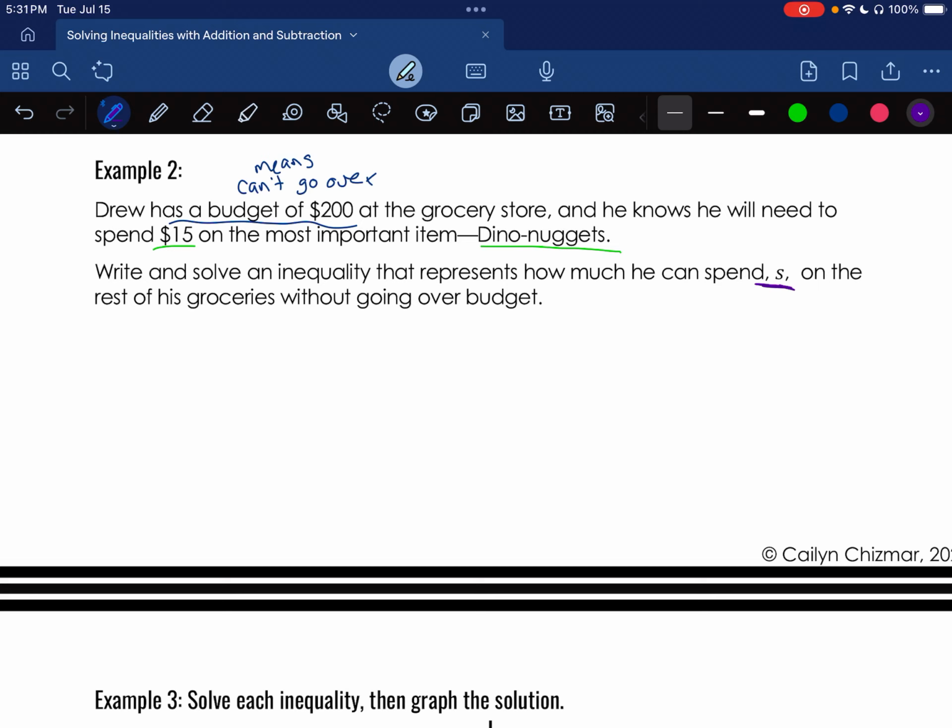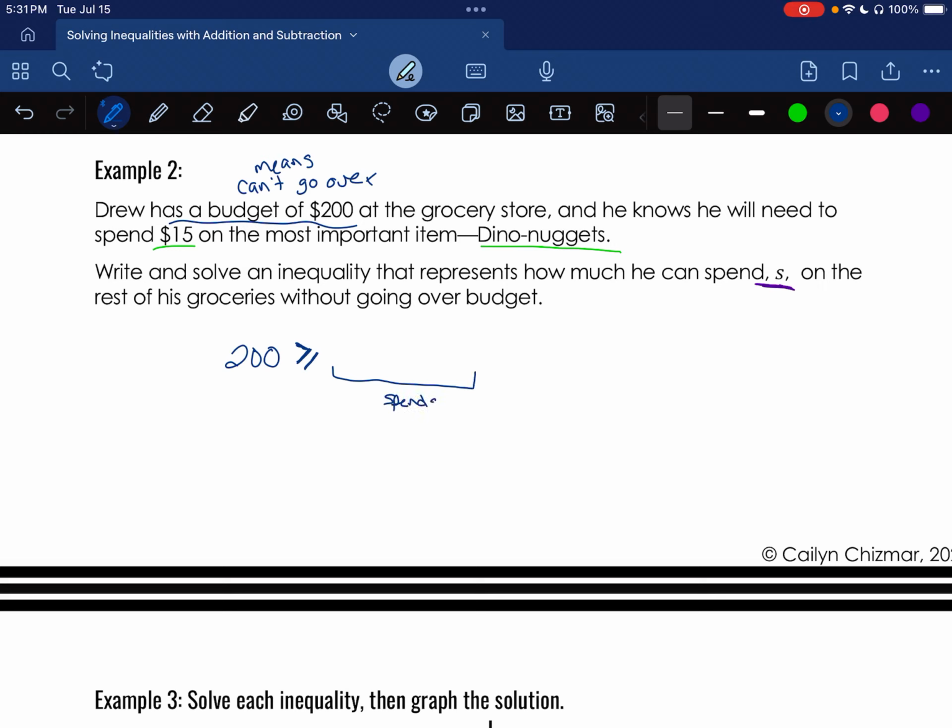So we know that he has this budget of $200. Okay. And whatever he spends is going to have to be smaller than or equal to 200. So we're saying 200 is greater than or equal to whatever he spends at the store. This is how much he spends total.